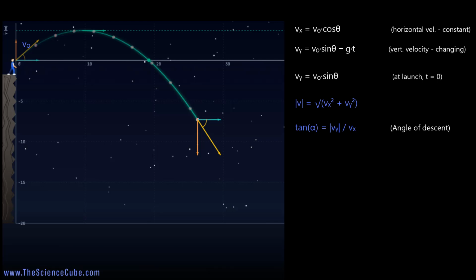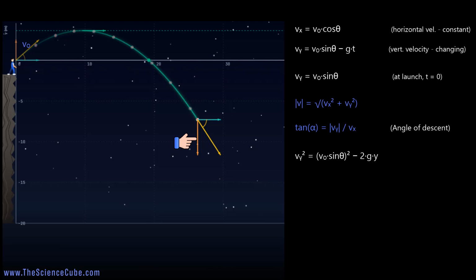If you want the speed at a specific height, y, without knowing the time, use kinematics on the vertical axis directly. That is, vy squared equals v0 sine theta squared minus 2 times g times y. This is your old friend, the third kinematic equation, applied vertically.